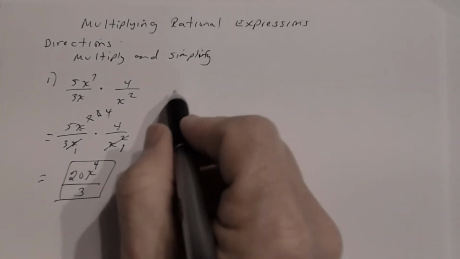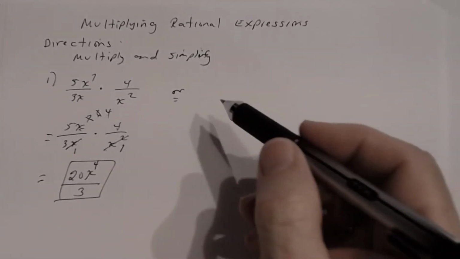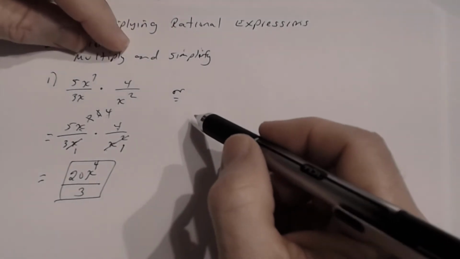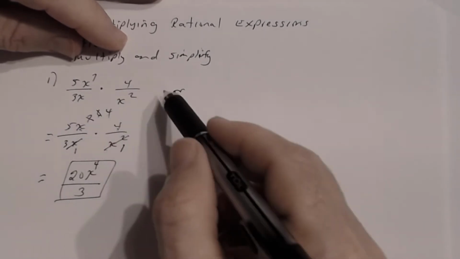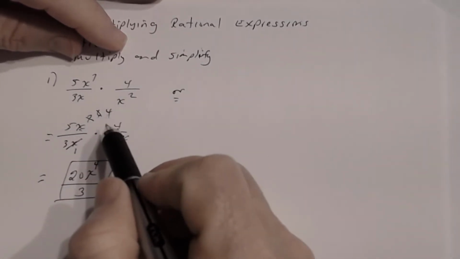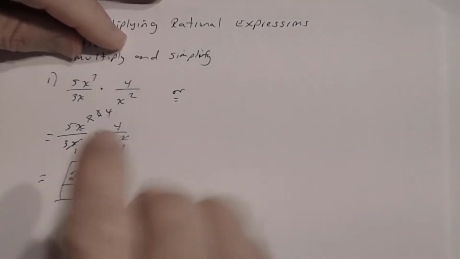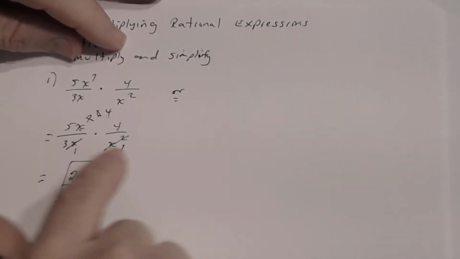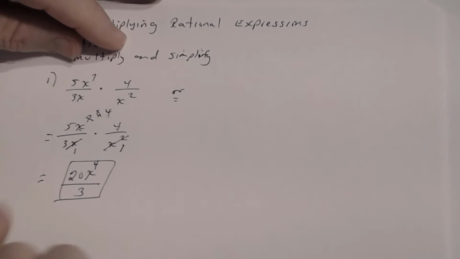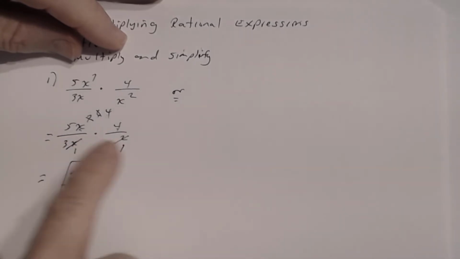Now the other way you could have done this is to multiply the numerators together and multiply the denominators together and then simplify. What we did first here was simplify, and then multiply numerators and multiply denominators. Always remember, you want your final answer as one rational expression, not two.